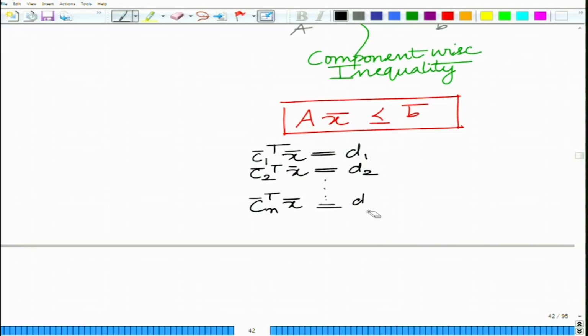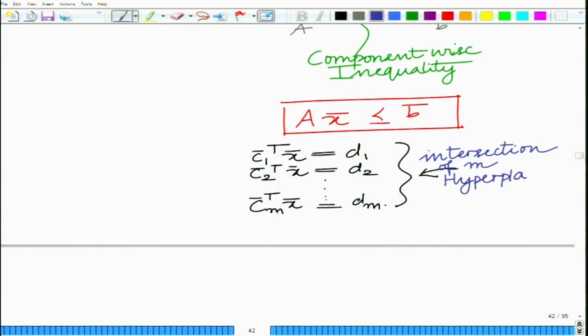Let us make this M. This is a collection of, remember each represents a hyperplane, so this is an intersection of M hyperplanes.